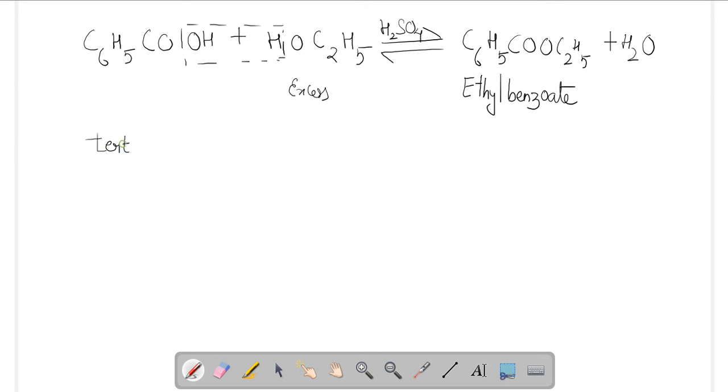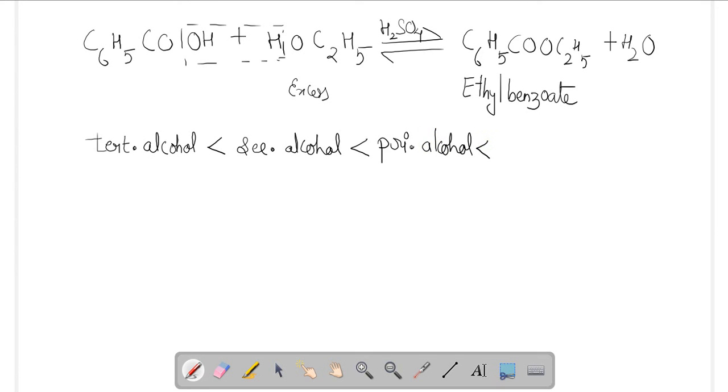If tertiary alcohol is used, it will have the least reaction with the carboxylic acid to form the esters, while the secondary alcohols will have more reactivity in comparison to the tertiary alcohols.